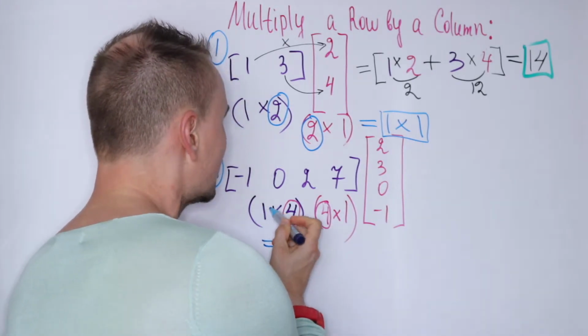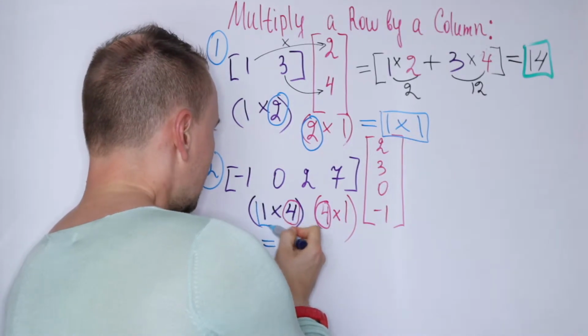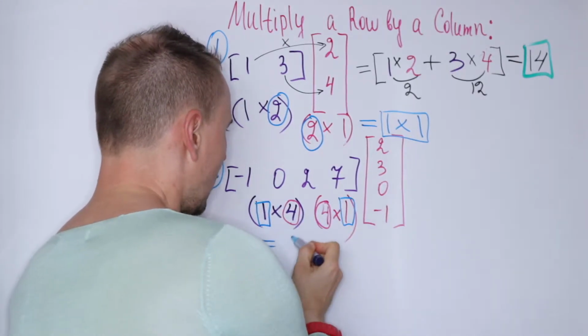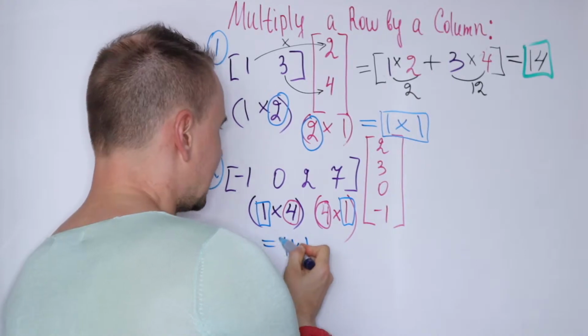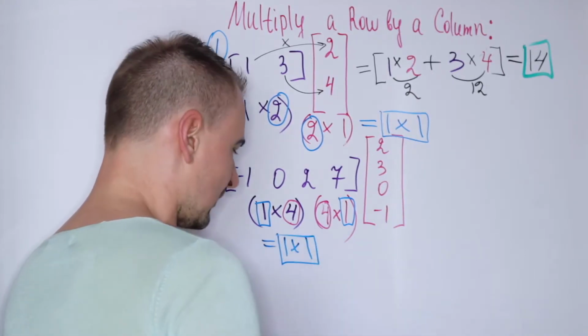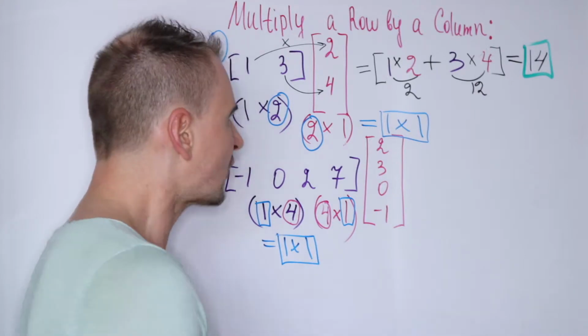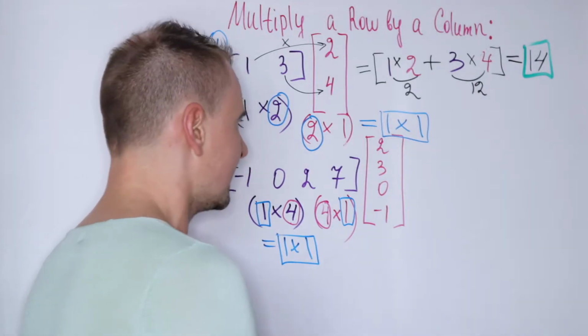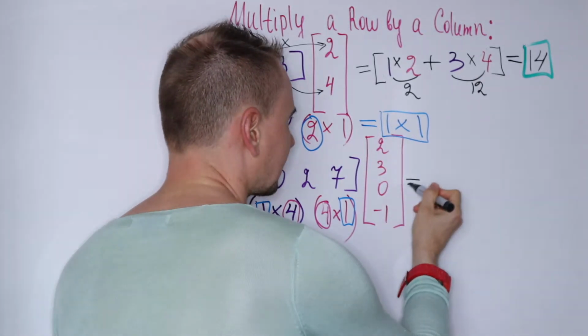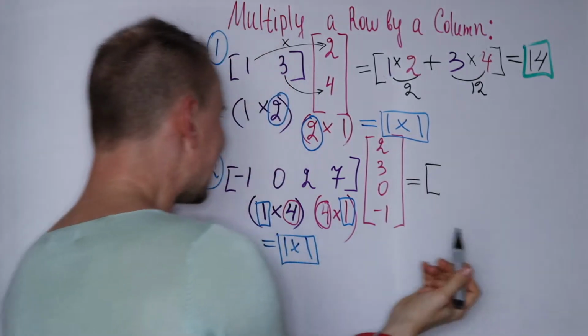It's these outer numbers, so basically again it's just a single number. This is the size of the resulting matrix. So go ahead and perform this multiplication. Same idea.